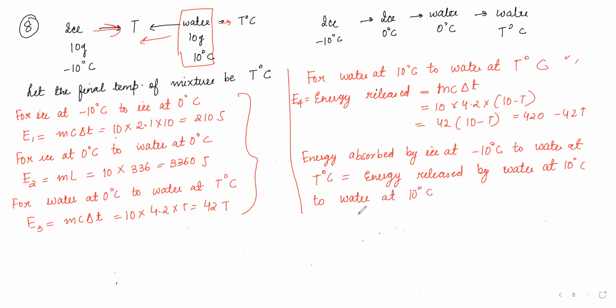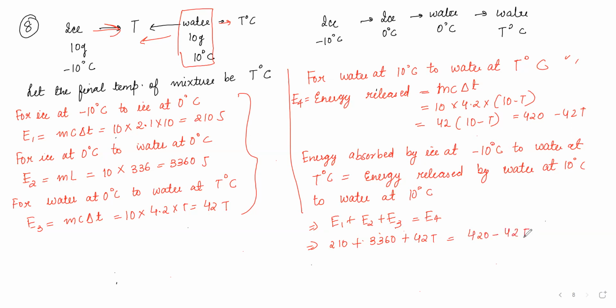So you can also write this as, this implies E1 plus E2 plus E3 will be equal to E4. So we'll just calculate. This implies 210, write down, plus 3360 plus 42T will be equal to 420 minus 42T.